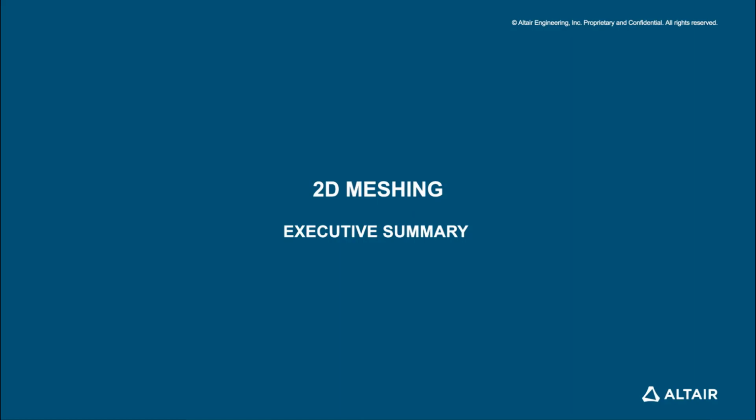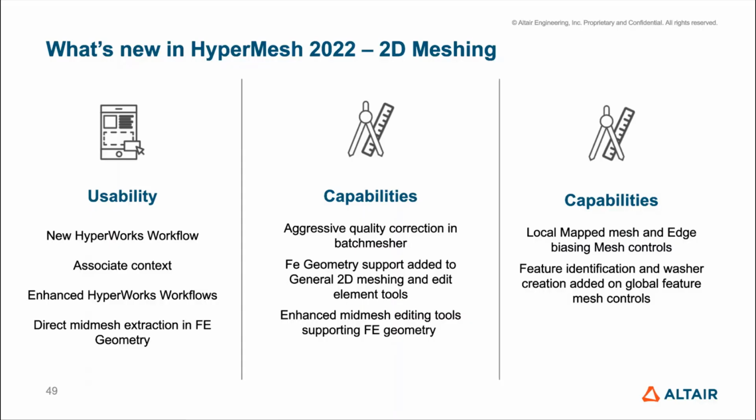Now, coming back to 2D meshing. For 2022, Radesh covered some of the new HyperWorks workflows with the associate context and the direct mid-mesh extraction in FE geometry. From the capability standpoint, we have added the aggressive quality correction in batch mesher, and I'll go over that more in detail.